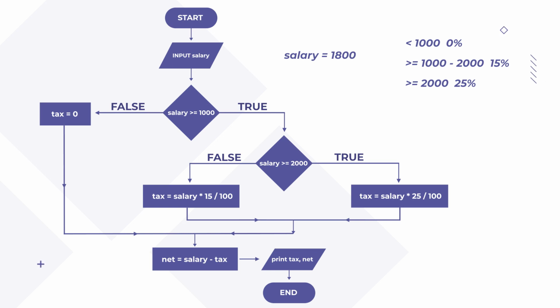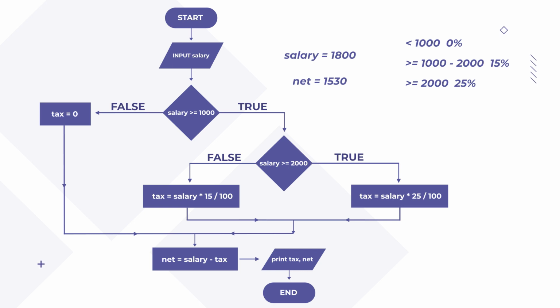The salary is 1800, so we check the condition. Is the salary greater than or equal to 2000? It is false. That is what we told it: when the condition is false, come here. So it will execute this line.